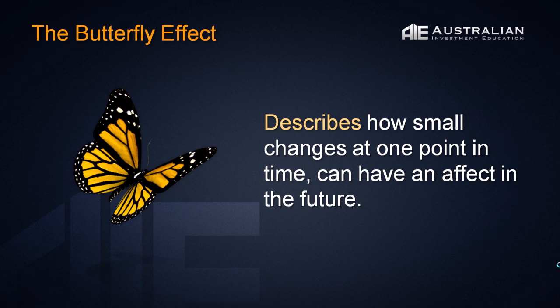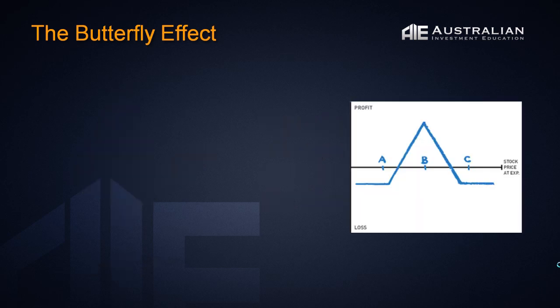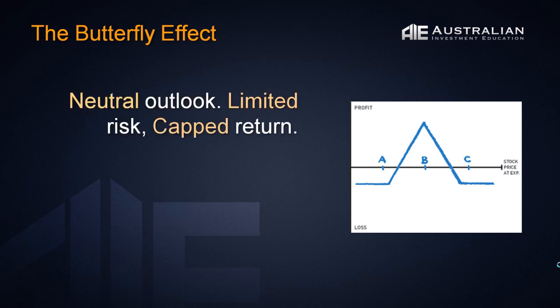Now, the butterfly spread strategy is a neutral outlook where both the bull and bear spread are combined. These positions have risk that is limited to the amount of capital invested into the trade, while returns are capped and achieved with the position expiring with the share price at the sold strike level.